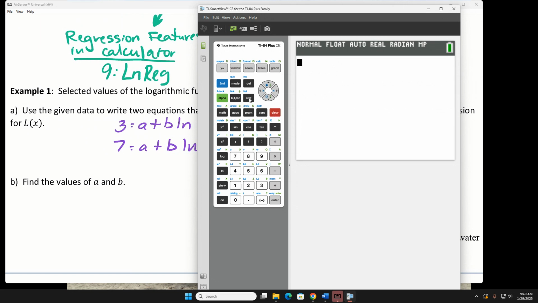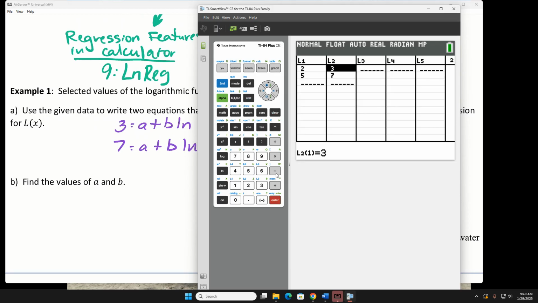What do I hit? Edit. Okay, you're right. All right, and then this actually is what I want, but you're going to have other stuff in there. So up, clear, enter. Put in the data, please.